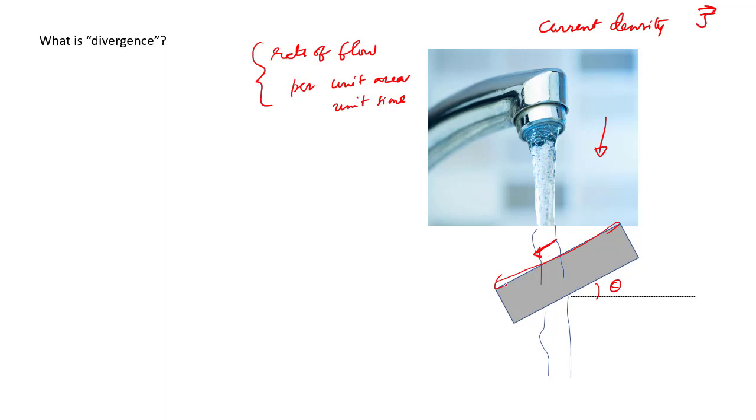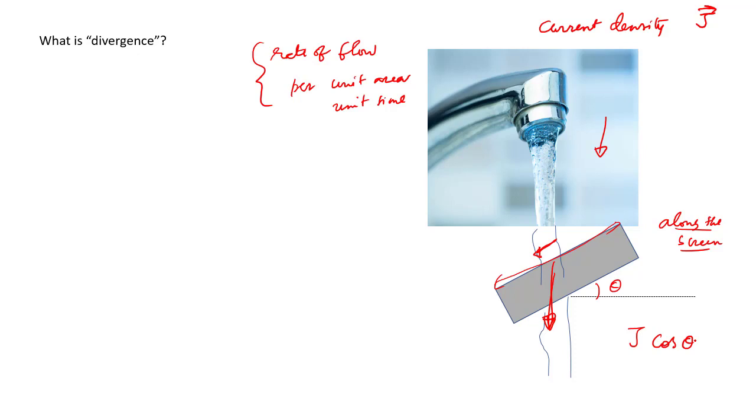This component is not contributing towards the rate of flow across the surface. So there is only a certain component that contributes, and that would come out to be J cosine theta.